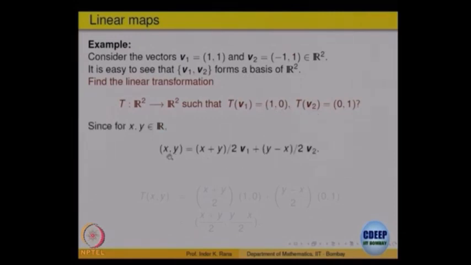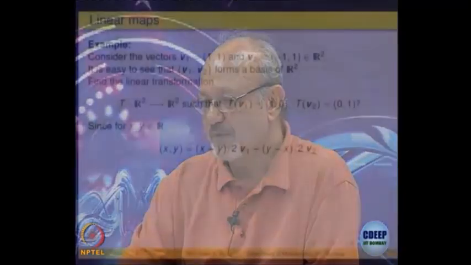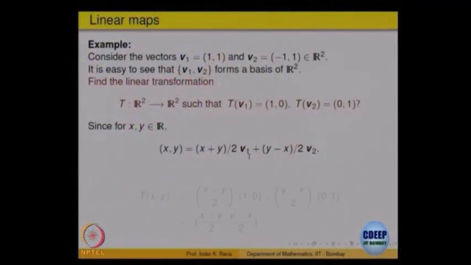If we look at (x, y), it is (x plus y)/2 times V1 plus (y minus x)/2 times V2. So, that is a linear combination of V1 and V2. You can check any vector (x, y), this is a linear combination. So, what is T of this? It will be (x plus y)/2 T of V1 plus (y minus x)/2 T of V2 by linearity.